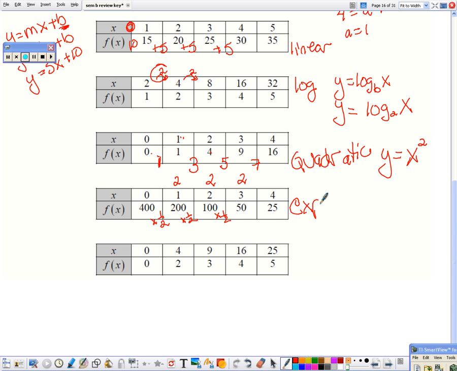So that means it's exponential, and b is a half, and this gives us our a. So 400 times 1/2 to the x, because a is our initial value when x is 0. This one gives it to us in the chart.